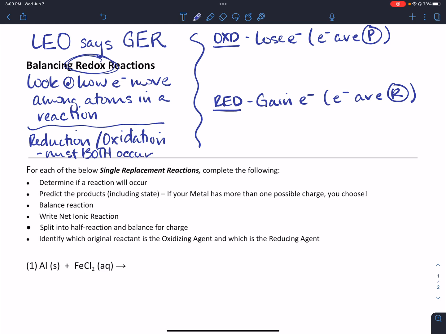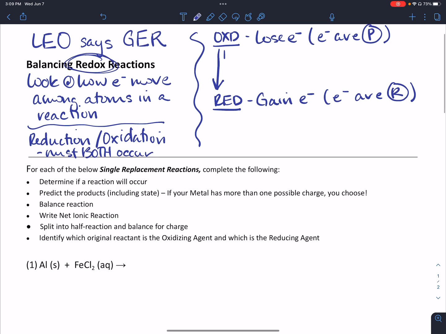The component that is losing the electrons is causing the reduction, and we call this the reducing agent. The substance that is gaining the electrons is oxidizing, or causing the oxidation of, the other element, so it becomes the oxidizing agent.